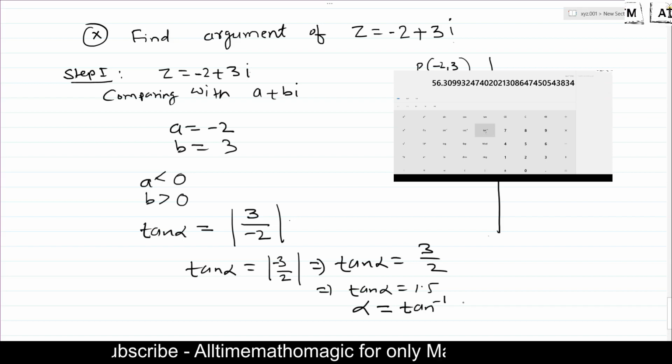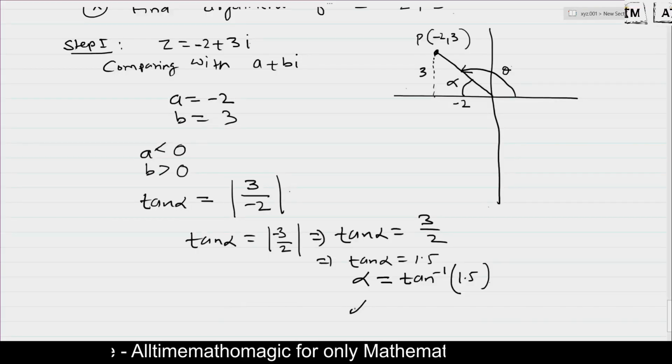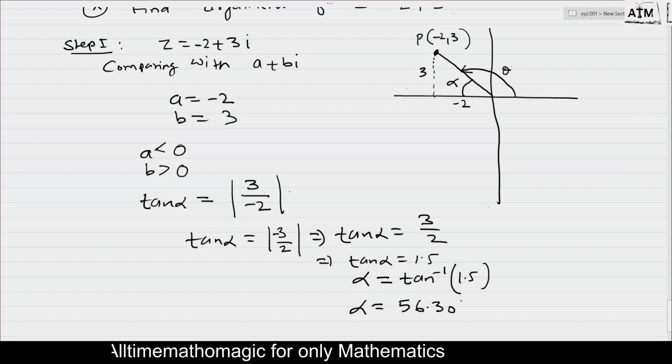Tan inverse of 1.5 equals 56.30 degrees. Therefore, alpha equals 56.30 degrees. Now, what is the value of theta?